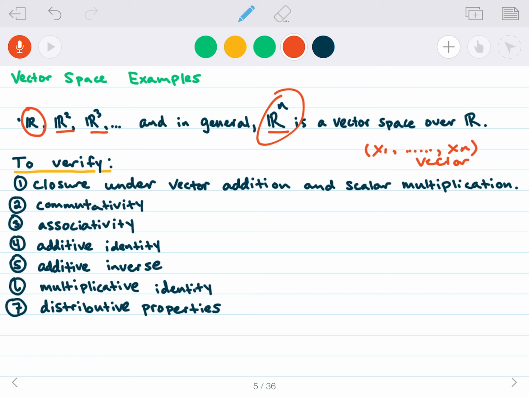This is one of the most simple vector spaces, Rn. We're going to talk about more abstract ones in just a little bit, but let's get our feet wet here. So we want to show that Rn is a vector space.